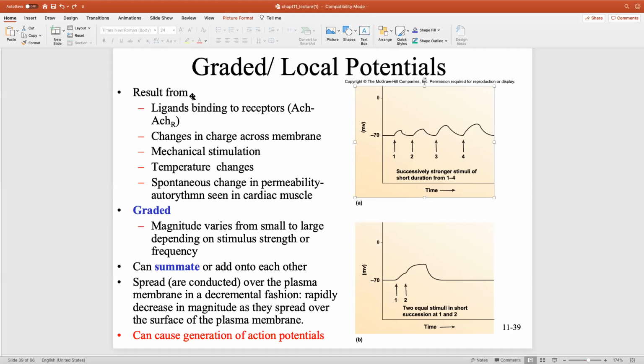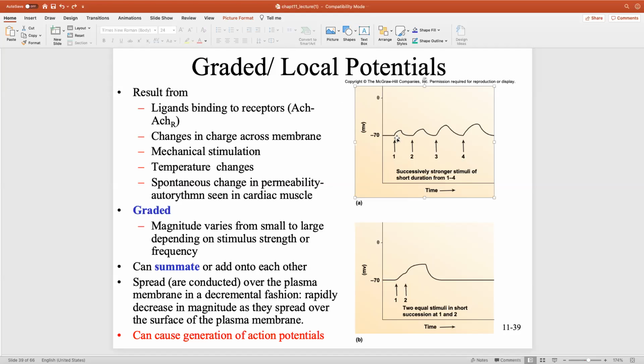What else besides ligand can cause this slight movement up? Mechanical stimulation, stretch receptors. The more you stretch the stomach from eating food, the more stimulation, the more you send the signal to the hypothalamus that you're full. So mechanical stimulation, like stretching, can trigger that initial rise towards threshold.